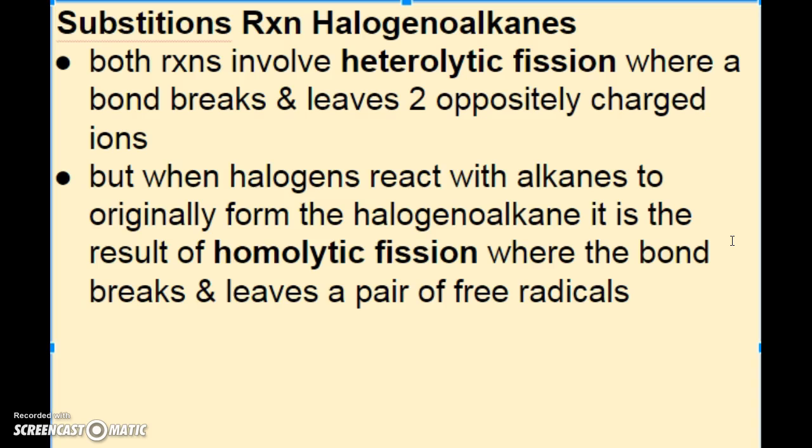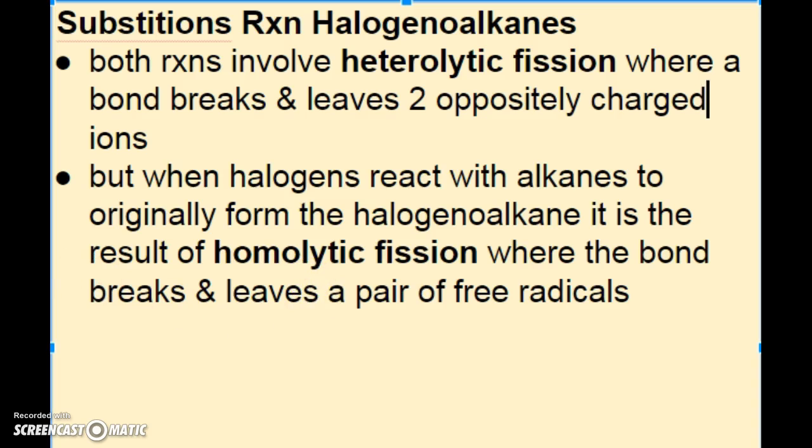When halogens react with alkanes to originally form the halogenoalkane, it's a homolytic fission, and you might remember that term. The difference is a homolytic fission leaves 2 identical or similar species, in this case a pair of free radicals. Heterolytic means you're getting 2 different ions, one positive, one negative. So just be aware of the difference in the terminology there.